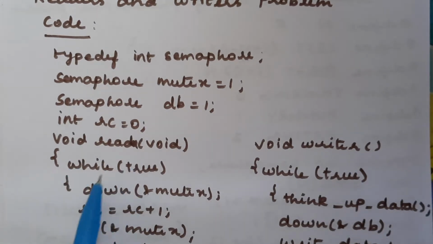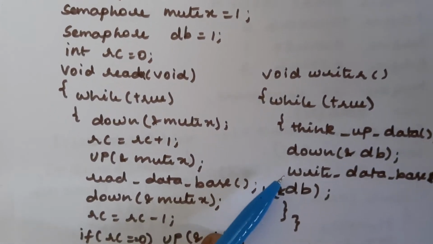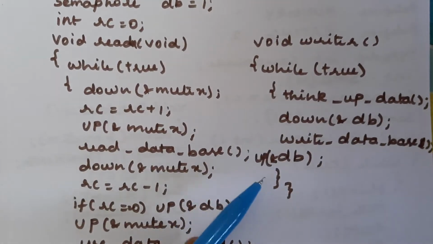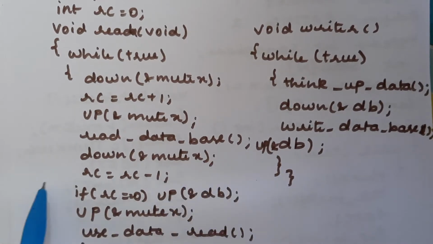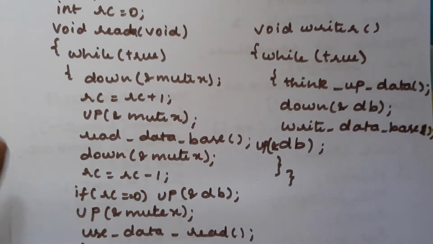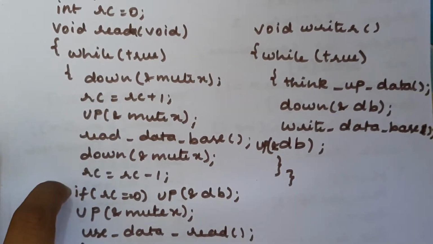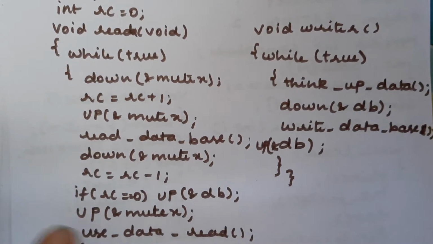Then we have void reader; we have two separate processes. Reader is one process and writer is another process. Whenever any user wants to perform a read operation, he has to satisfy all the conditions we have under reader. Okay, let us see.